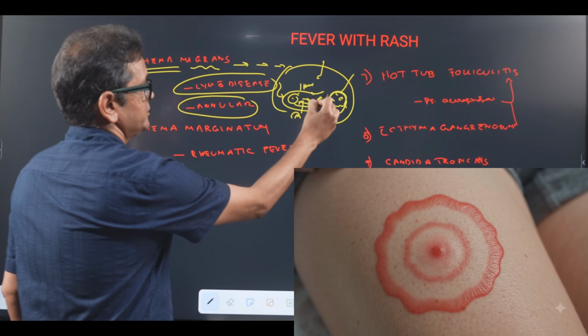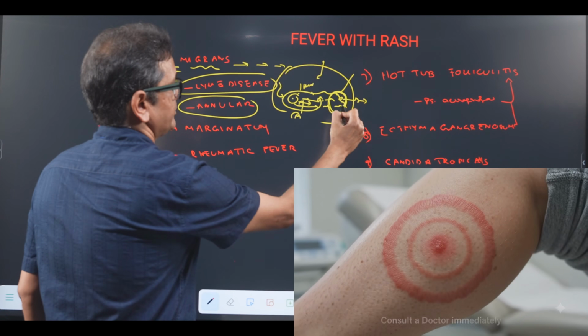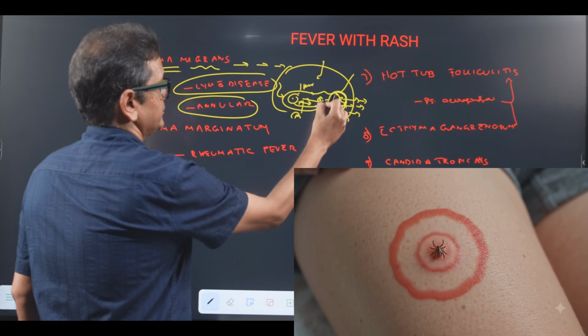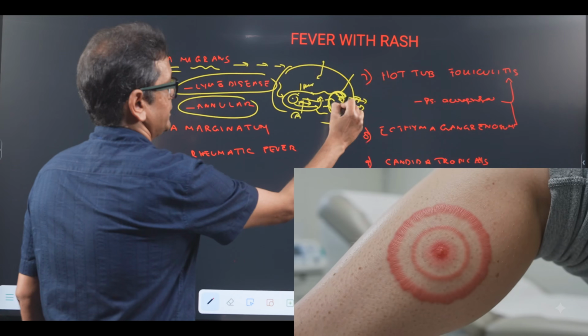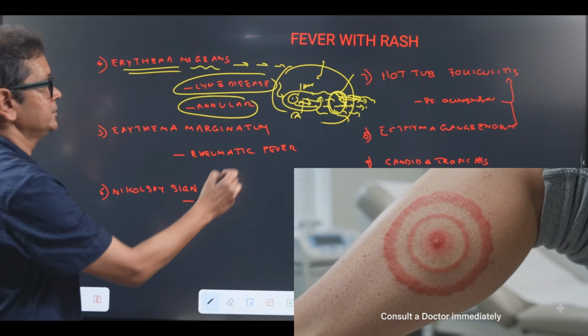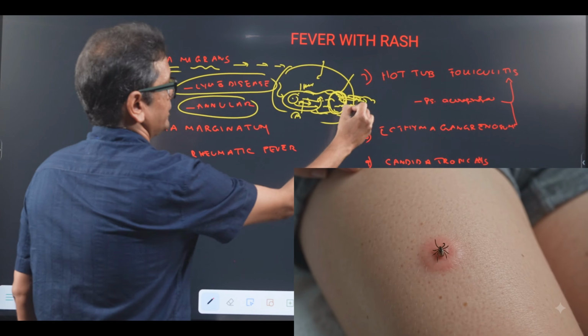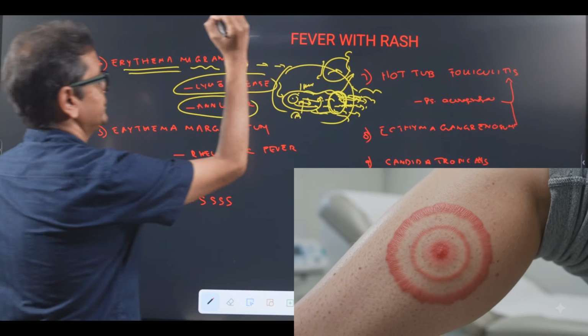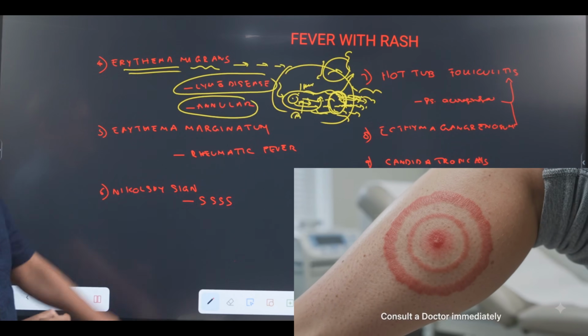So, this margin will be progressing like this depending upon the migration of this bacteria under the skin. Erythema migrans, it is migrating. In annular form, it is going because there are many spirochetes progressing like this. You can see annular forms.